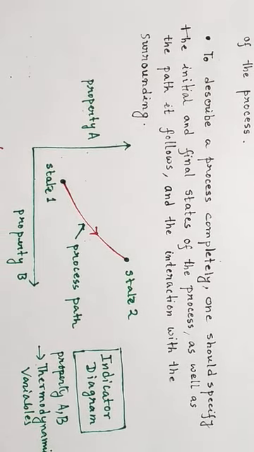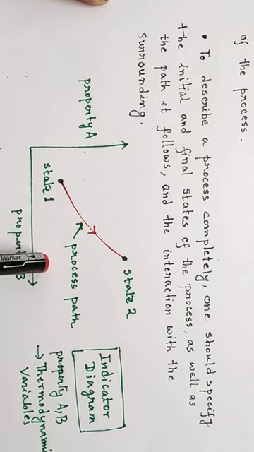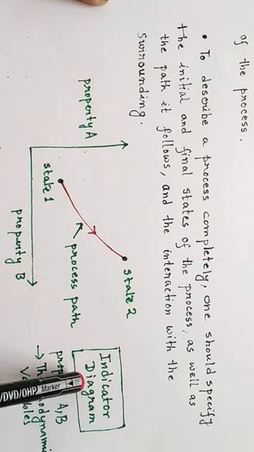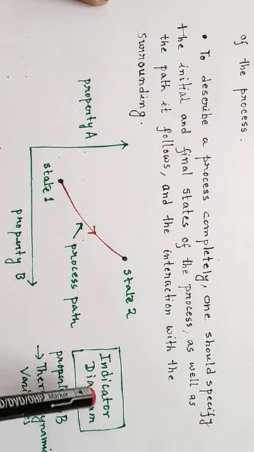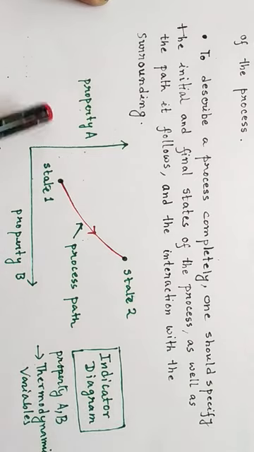Now during a process, we know that the thermodynamic variables of a system change. If we can plot how the thermodynamic variables of a system change during a process, then the diagram we get is called a process diagram. Through a process diagram, we can show how the thermodynamic variables of a system change during a process. It gives us the plot of this change.